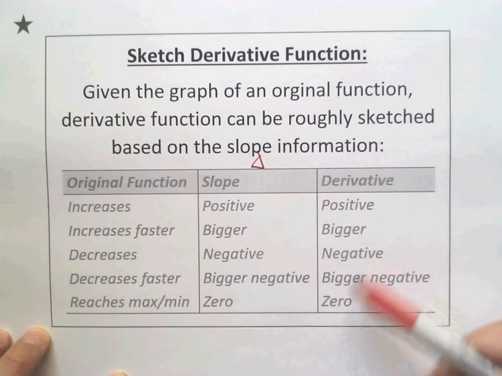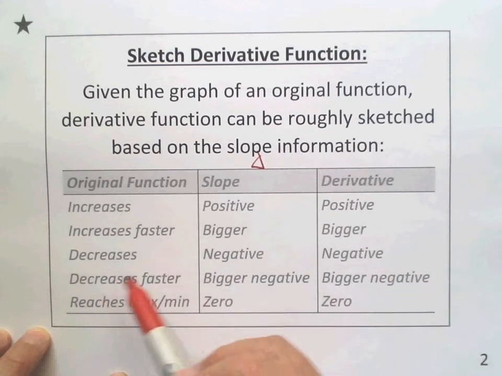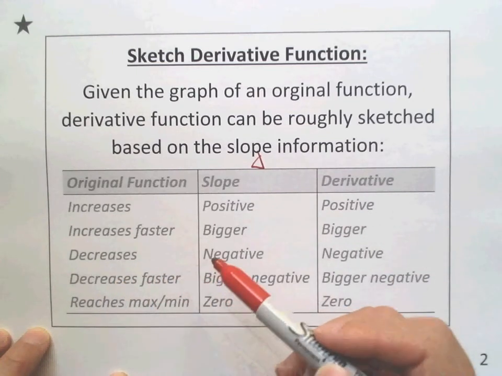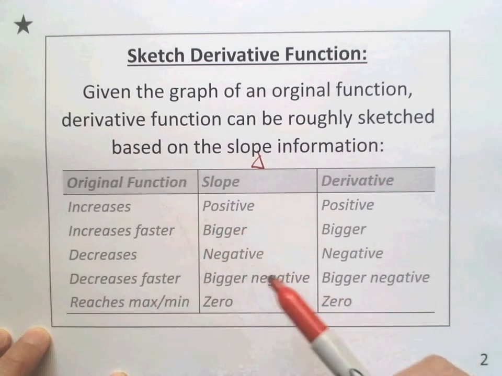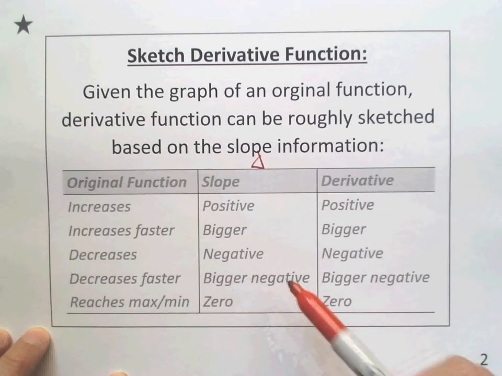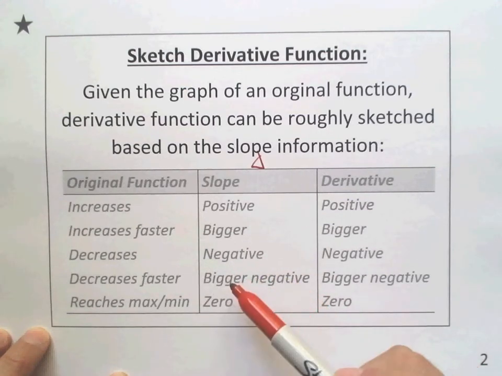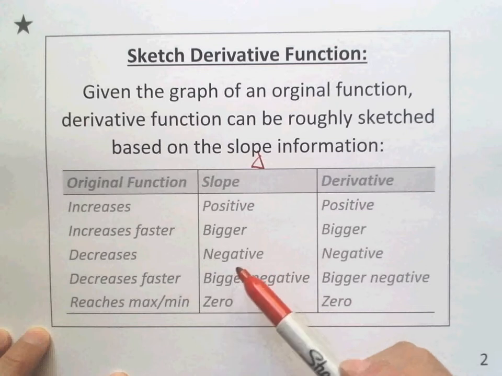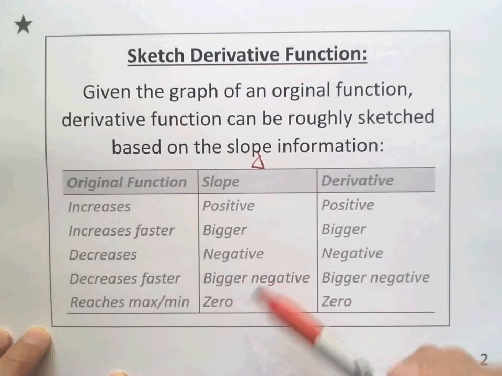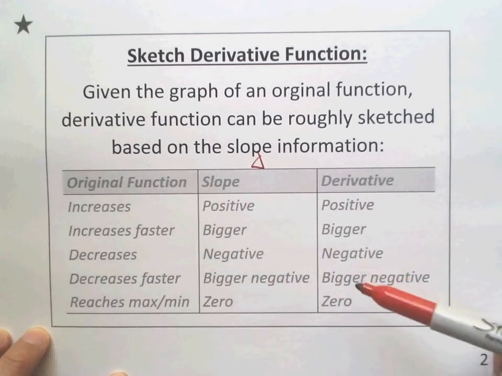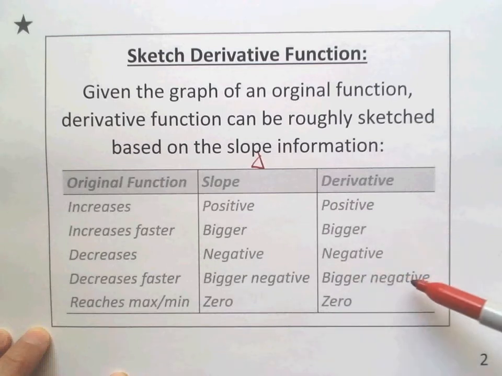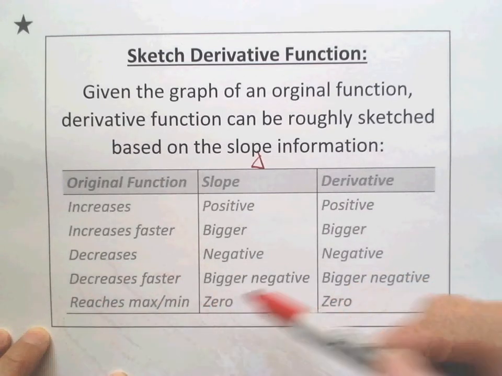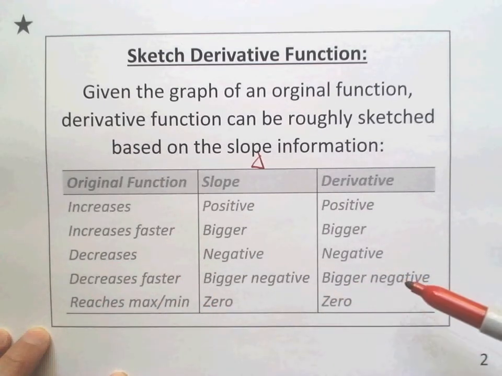Therefore, the derivative is negative. And if it decreases faster, which means more steeper but negative, usually we say it's bigger negative, or you say the slope is negative but bigger in the absolute value. Or we simply say bigger negative. Can you see? If it decreases faster, the derivative is bigger negative.